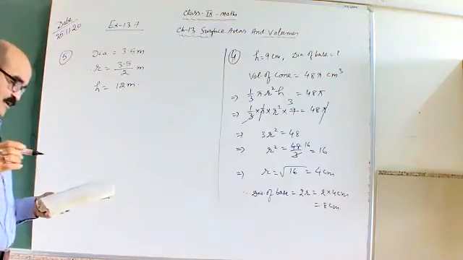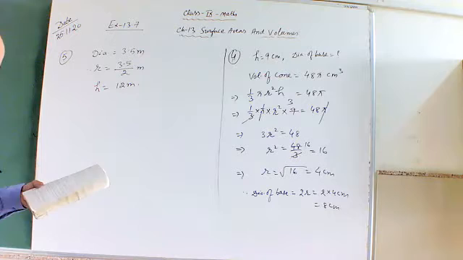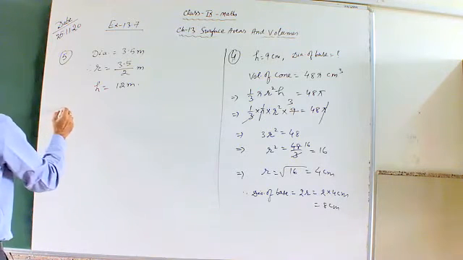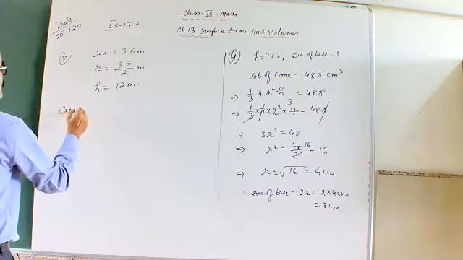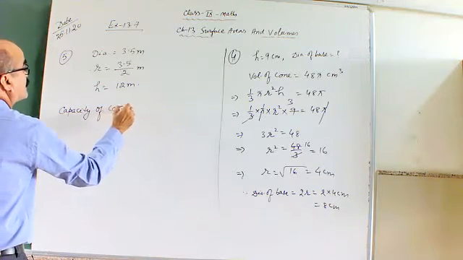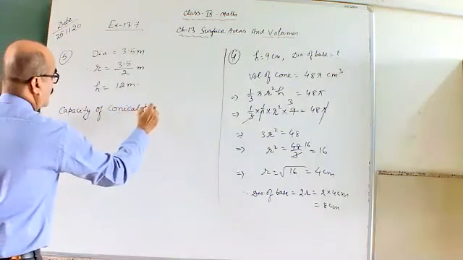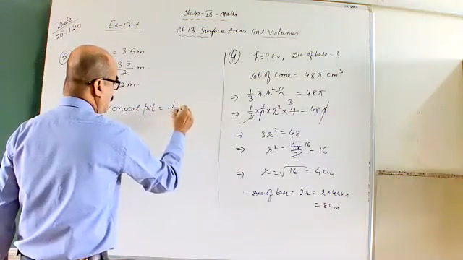Okay. So you need to find the capacity of the conical pit. So therefore the capacity of the conical pit, that is the volume of cone, 1 by 3 pi r square h.